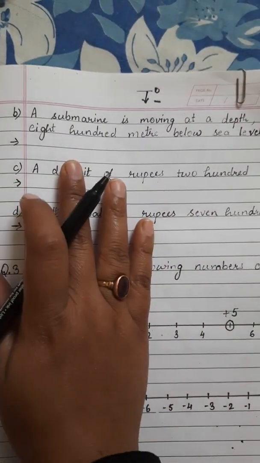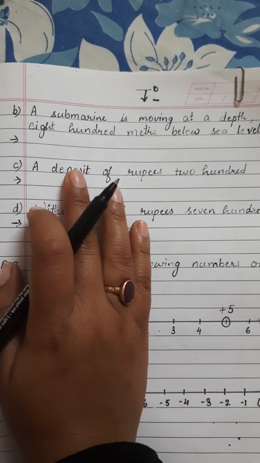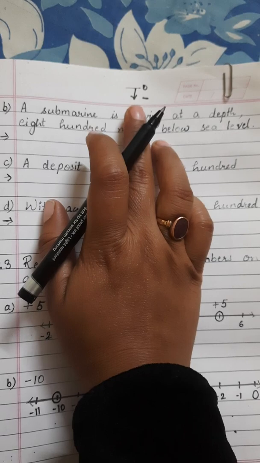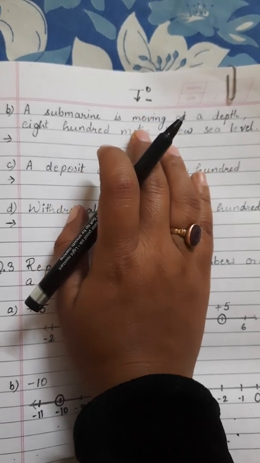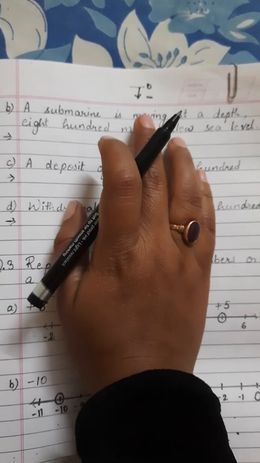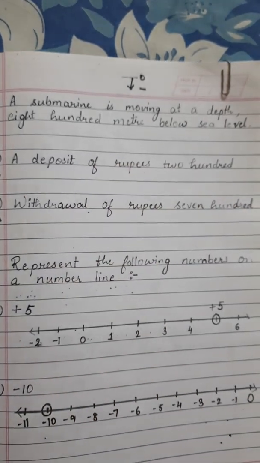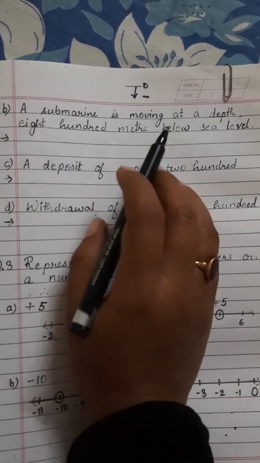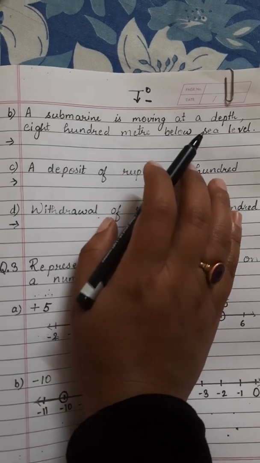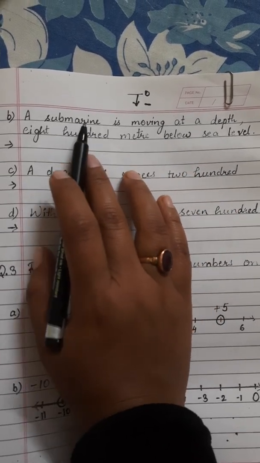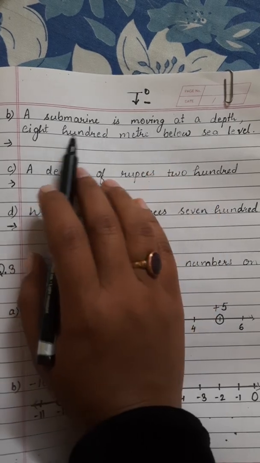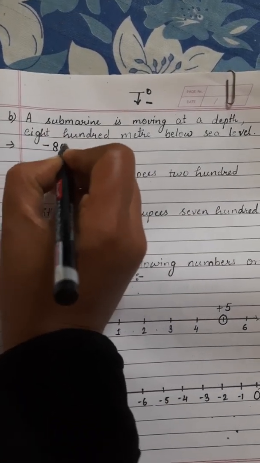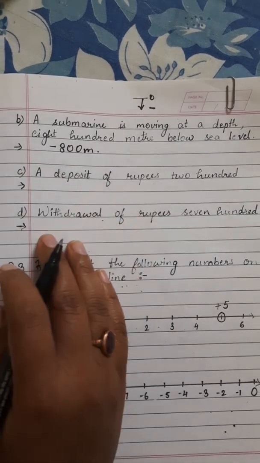This is also clearly explained in the previous video, that if any object is moving below the sea level or below the ground, it is considered to be in the negative direction. So below sea level it is a minus sign, and the submarine is moving at 800 meters, so the answer will be minus 800 meters.